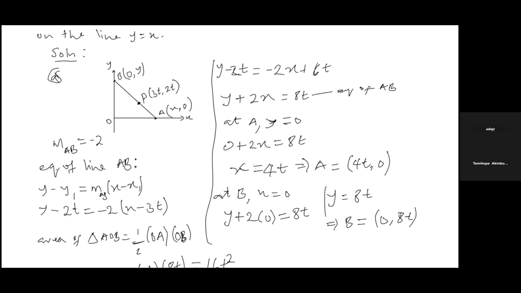Don't forget, when gradient is negative, the line will run from the top left corner down to the right bottom. And if it is positive, from left bottom to top right. So always remember that.